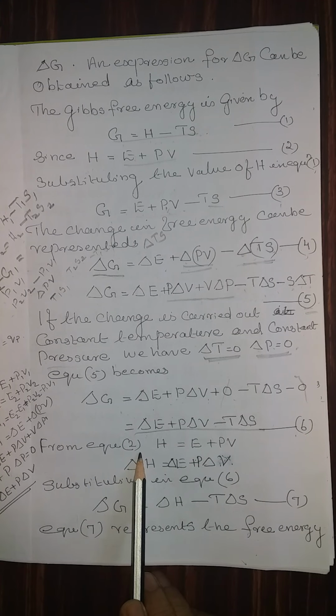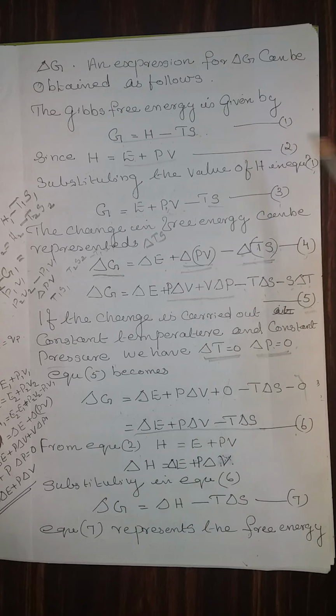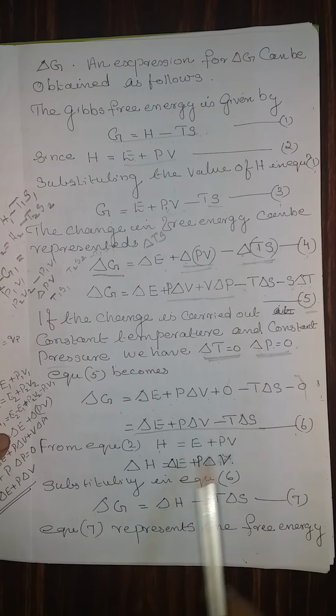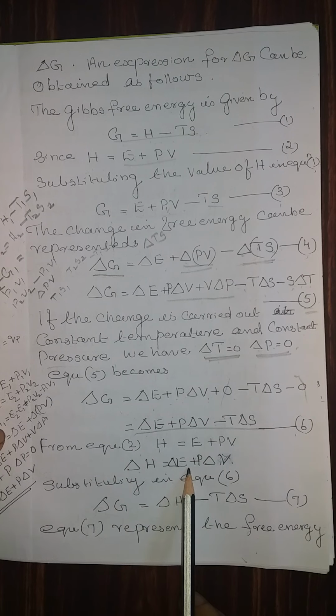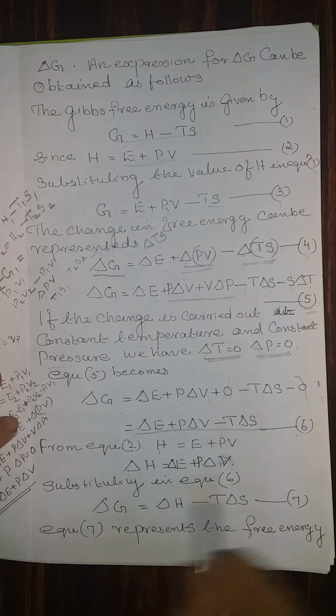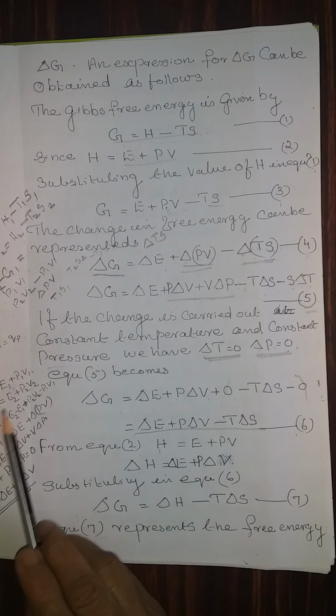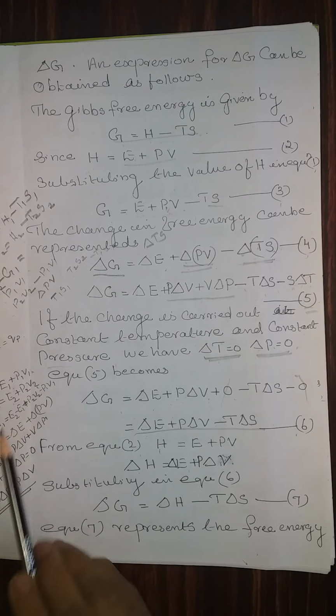From equation 2, we know that H is equal to E plus PV. Therefore, delta H is equal to, as I told you, H1 is equal to E1 plus P1 V1 and H2 is equal to E2 plus P2 V2.